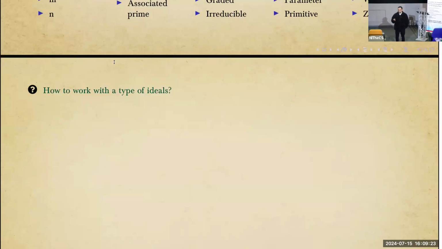But in general, from the applications point of view within mathematics, prime ideals are one of the most useful or applied classes of ideals because of algebraic geometry purposes, etc. But nevertheless, other ideals play their role in understanding the corresponding structures. So how do we work with a type of ideals, if you pick up one class of ideals which has been invented, how to work on this?